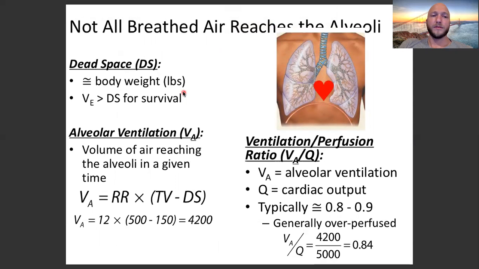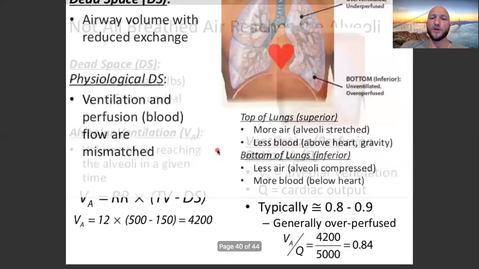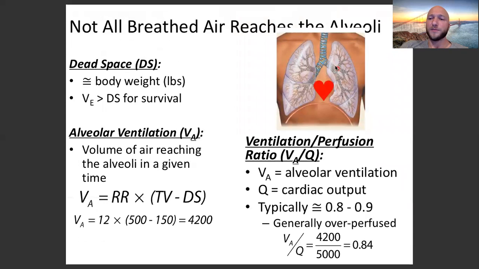How does that affect this? Well, dead space can be affected by body weight, by the size of the person. We've got this term alveolar ventilation. Alveolar ventilation refers to the volume of air reaching the alveoli in a given time. So it's basically minute ventilation, but you remove the dead space volume.